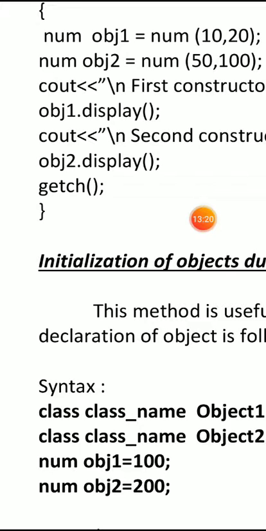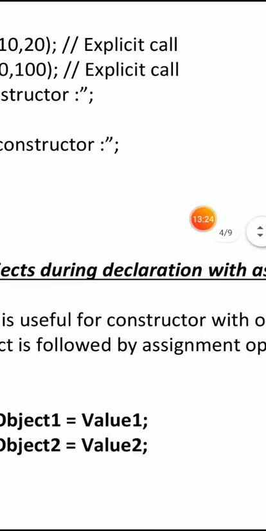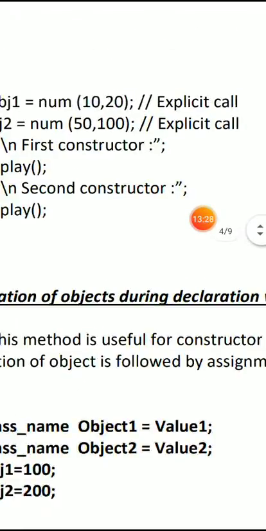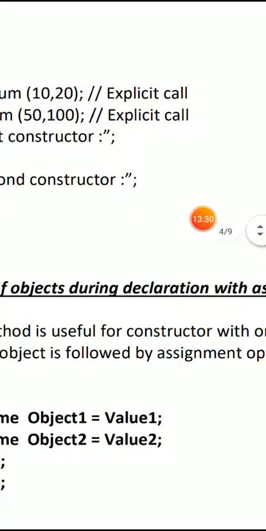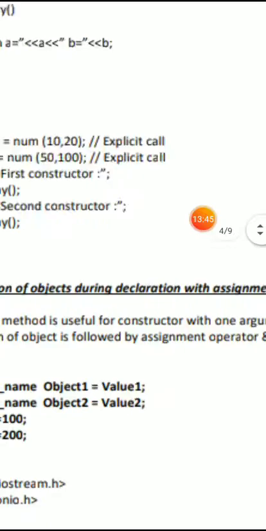Next one is the third method, that is initialization of objects during declaration with the assignment operator. This method is useful for a constructor with one argument. That means if you want to assign one argument to the object, and if you want to assign that value to another object, this method is very useful.